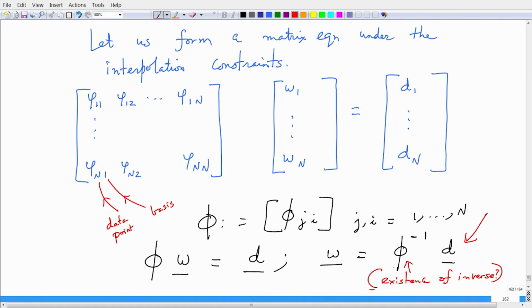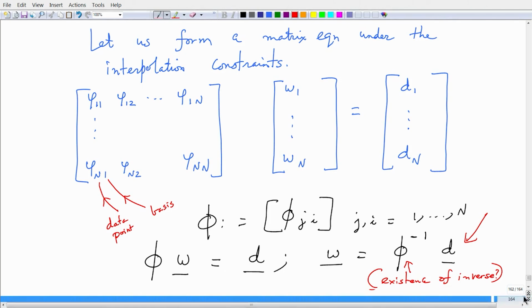Now, you may wonder about the existence of this inverse. Why is this crucial? This is crucial because phi depends upon the choice of the nonlinear function phi that you started off with in the first place, and you populated the entries in this matrix phi using that nonlinear function by evaluating at different data points, and if this has to be invertible, then the original nonlinear function should have certain properties that make this work out.